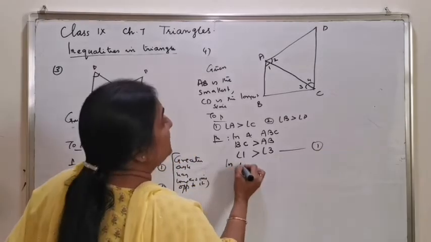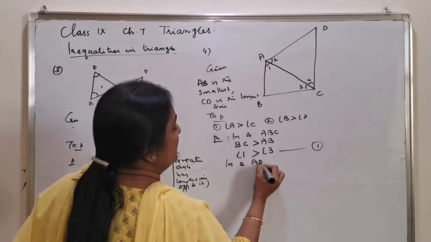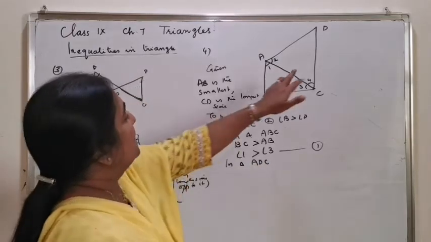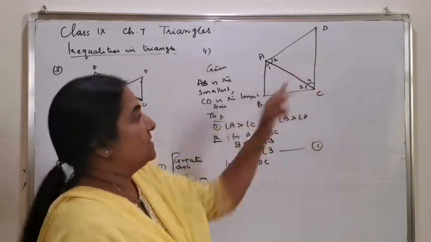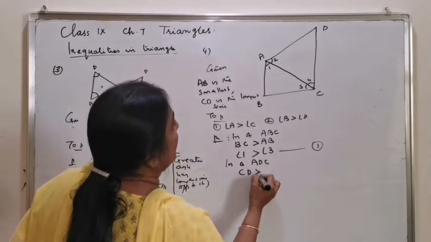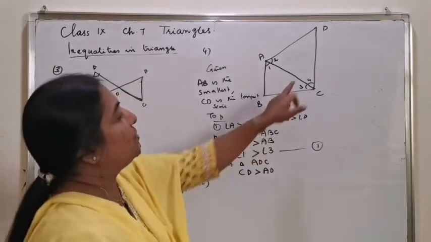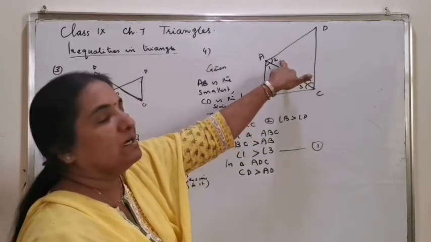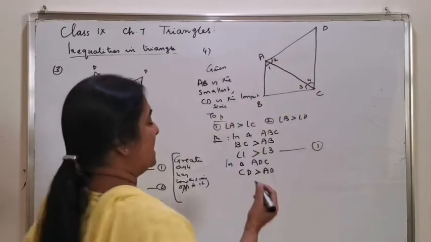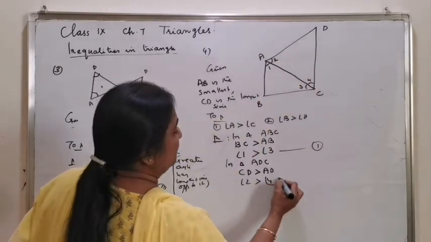Similarly, in triangle ADC, CD is the longest. So CD is greater than AD. What is opposite to CD is angle 2. Opposite to AD is angle 4. 2 greater than 4.